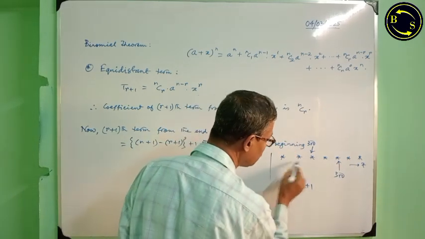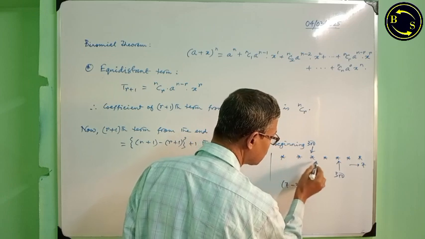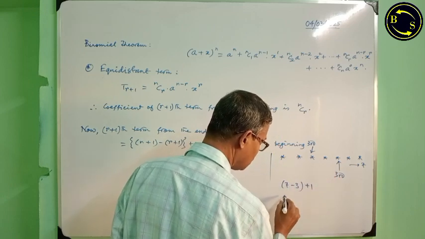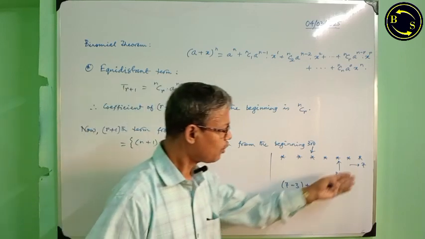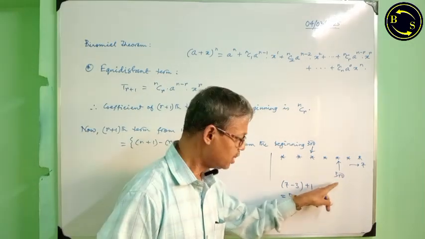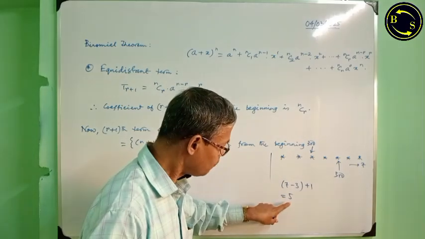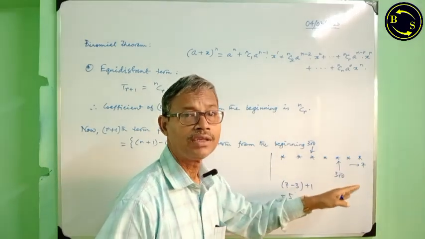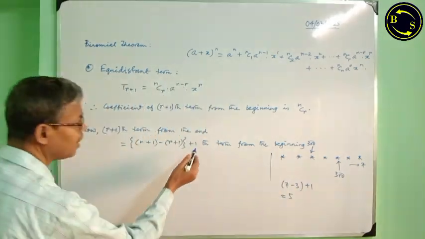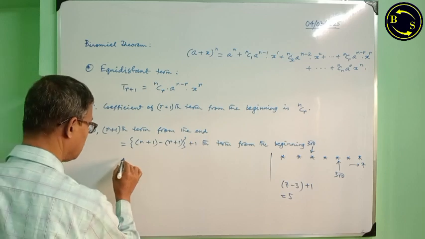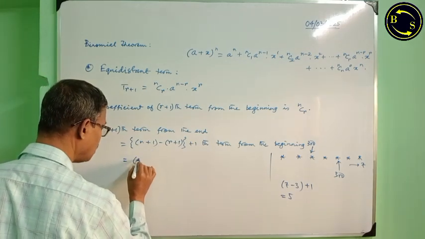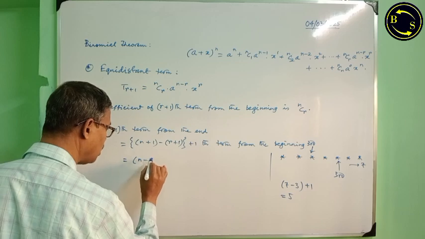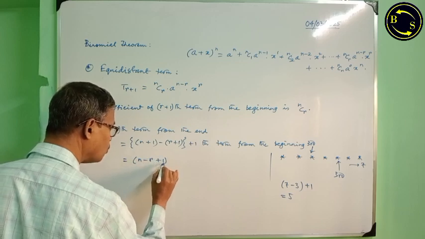You see, from the beginning it will be first, second, third, fourth, fifth. This is 5. Therefore, from the end third term is the 5th term from the beginning. That is why I have done this one. And after calculation, it will be the n minus r plus 1th term.